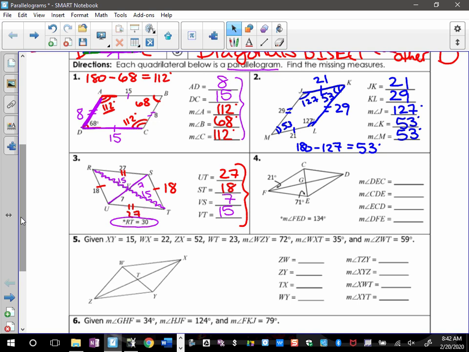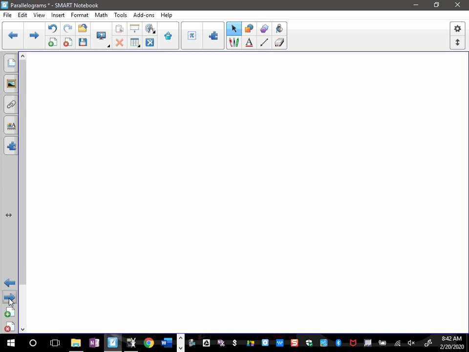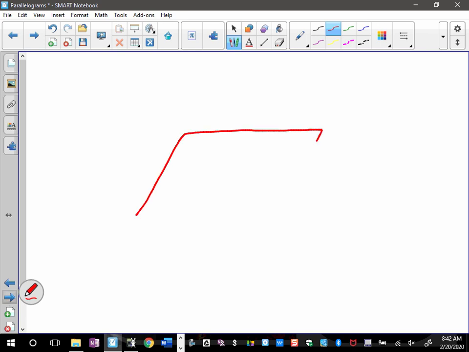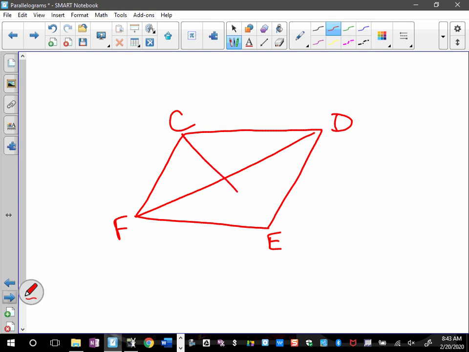This next one is where I'm going to start drawing these pictures separately because it does get a little bit ugly. So if I look at number 4, they gave me parallelogram CDEF, and they do have the diagonals drawn in there.